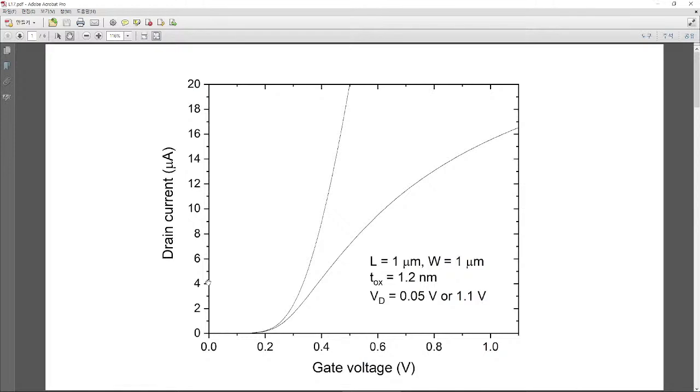In my view, maybe this is the point where we have the maximum derivative. As we will see later, we love this point, the point where we can find the maximum derivative of this ID versus VG curve.